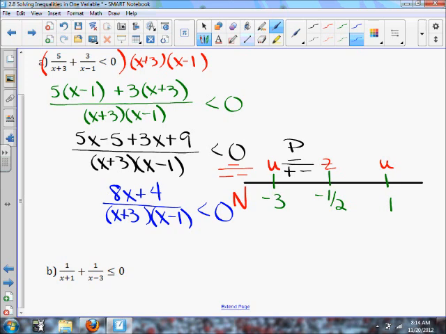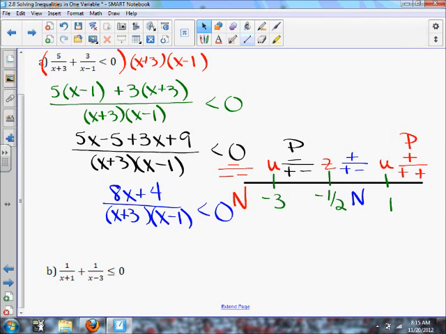So I'll put 0 up here, I'll get a positive divided by a positive times a negative, which will be negative. Then if I use a number greater than 1, let's say 10, I need positive, positive, positive for all these parts, which means they'll be positive.